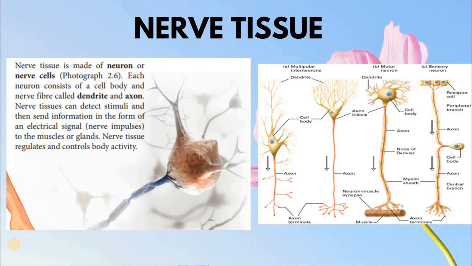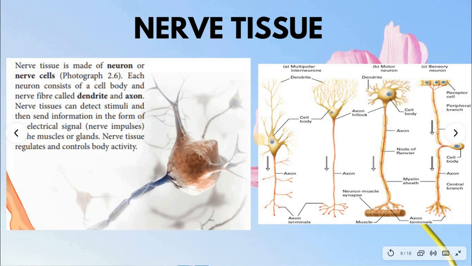Nerve tissue. What is nerve tissue? Nerve tissue is made up of neurons or nerve cells. Neuron is the other name for the nerve cell. Each neuron consists of a cell body, dendrites and also the axon. Don't worry about this one, because we will discuss more about nerve cells in the next topic.